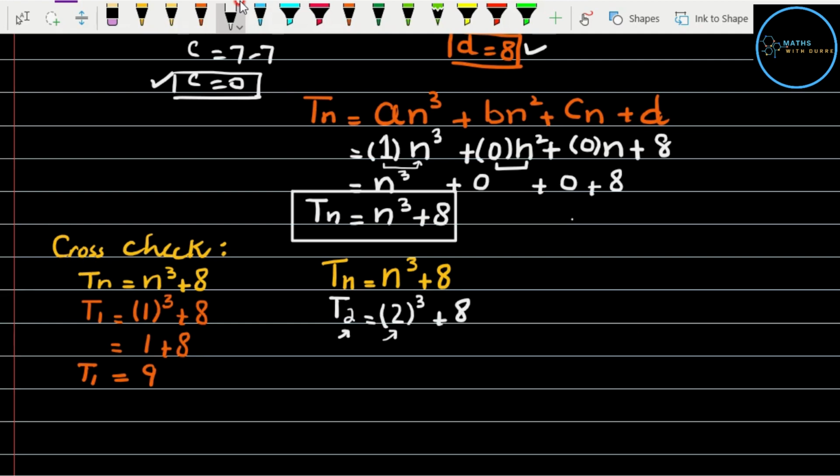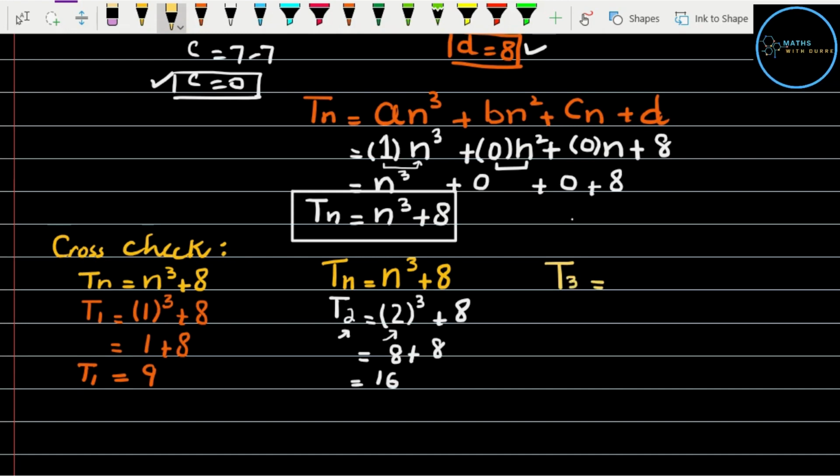It is plus 8. What will be the cube of 2? Cube of 2 will be 2 times 2 times 2, 8. So I will write 8. So 8 plus 8 is giving us what? 16.